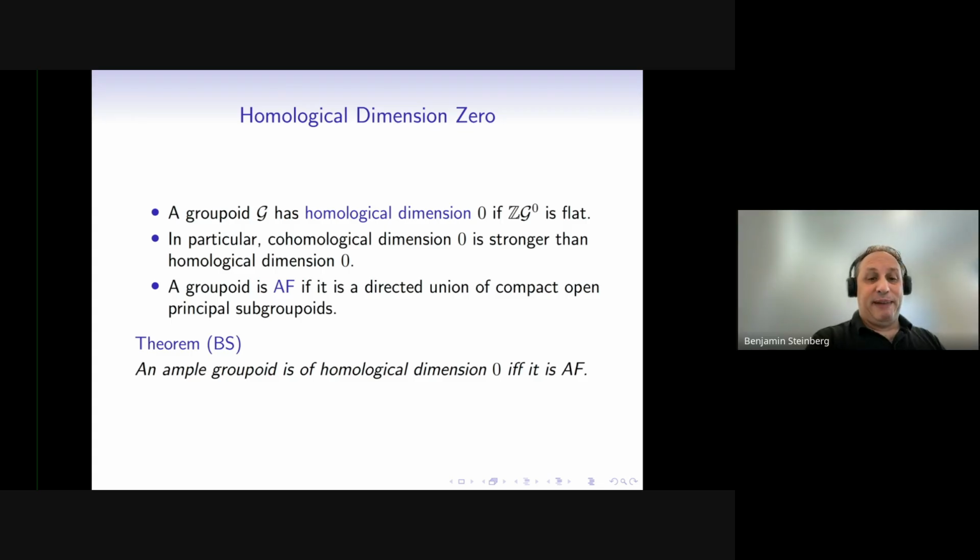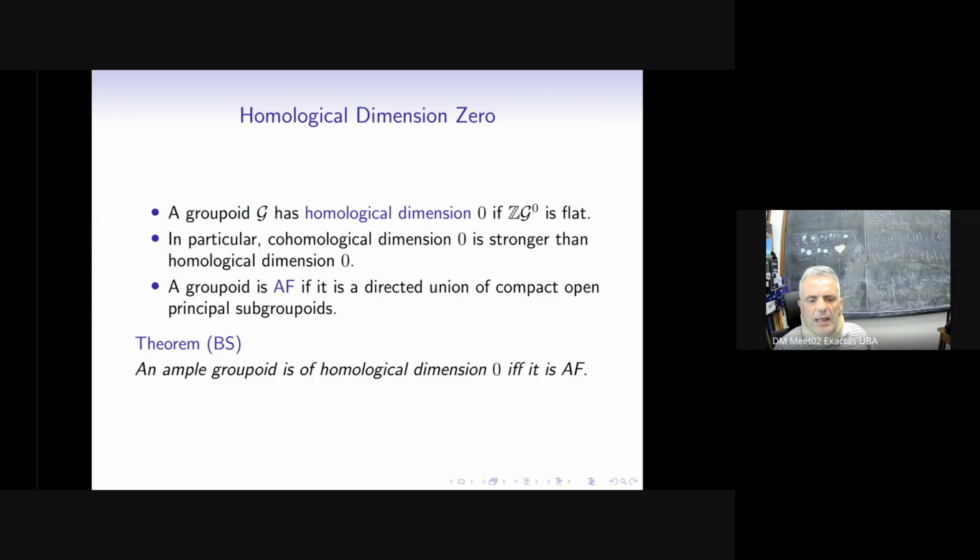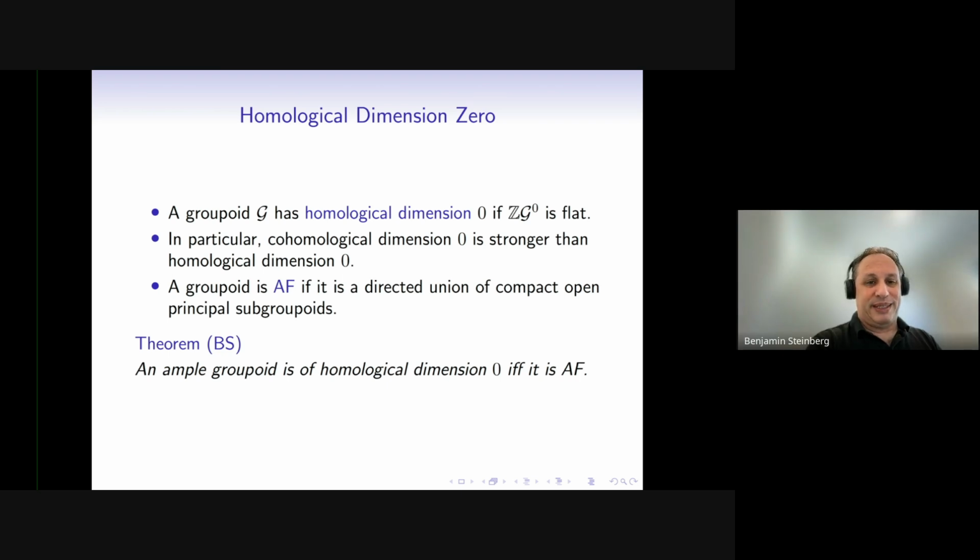Well, if the unit space is compact, I think it's probably, I should be careful on that. I think if the unit space is compact, it might end up being just the same thing, which I've been assuming. In general, cohomological dimension 0 is stronger. It's much stronger. Yeah. Because there are von Neumann regular ones, which are not semi-simple.